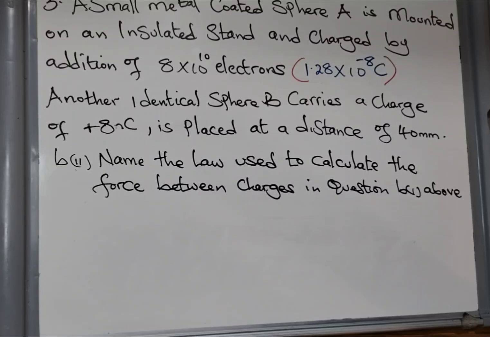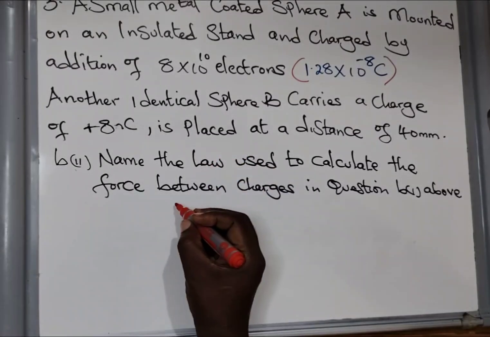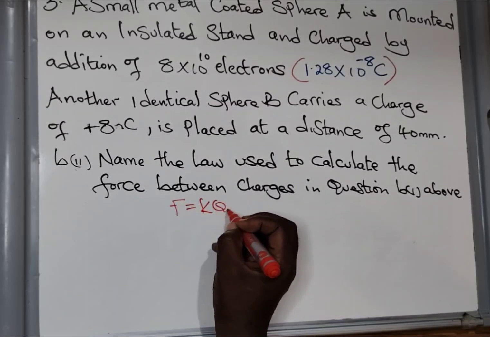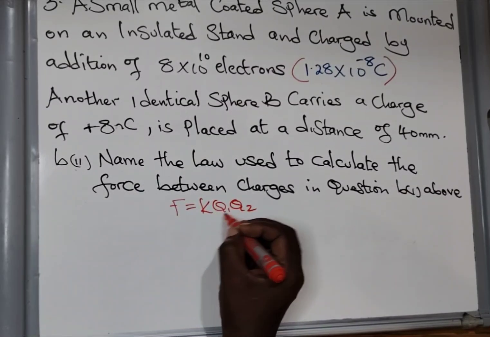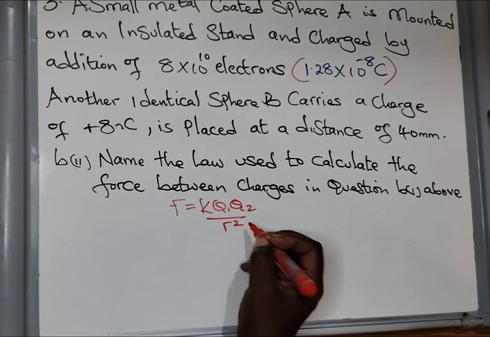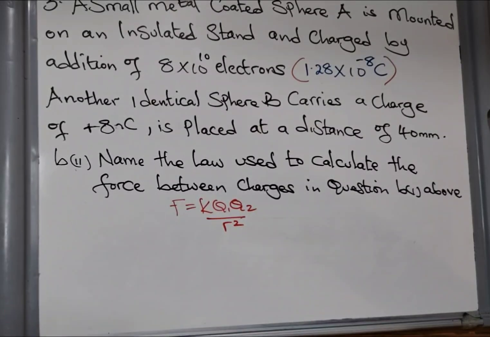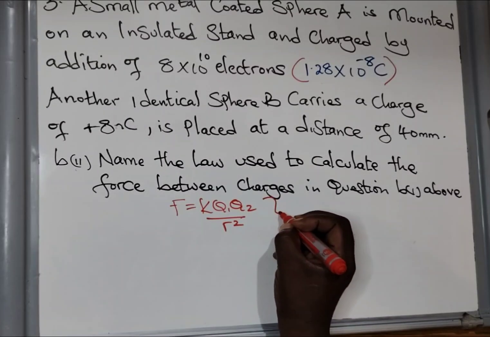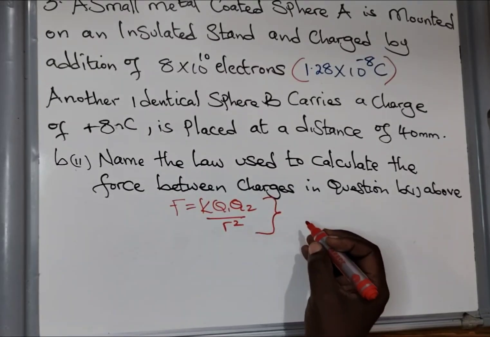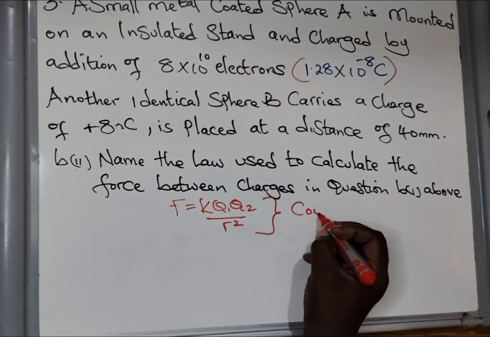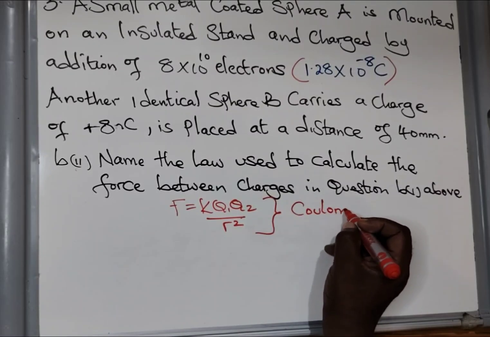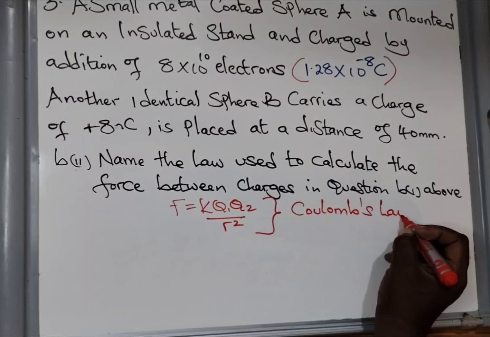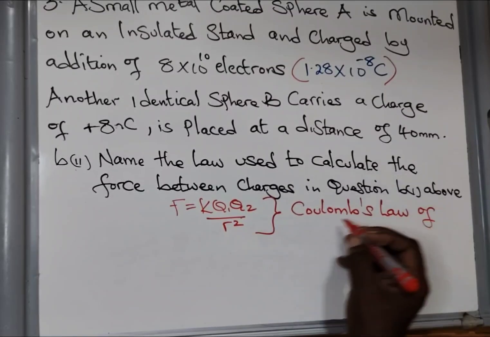Here we have to remember that we used this formula: F is equal to KQ1Q2 over R squared. But the question is, which law is this one? The law is Coulomb's law of electrostatics.